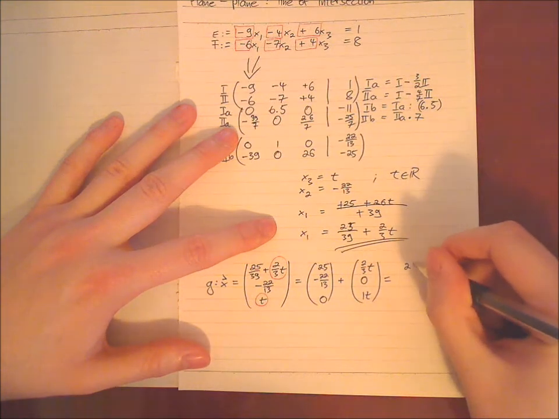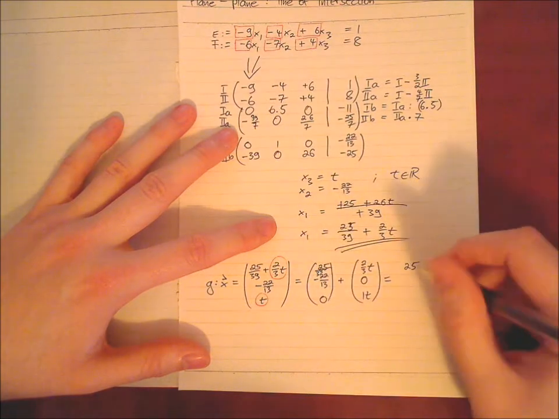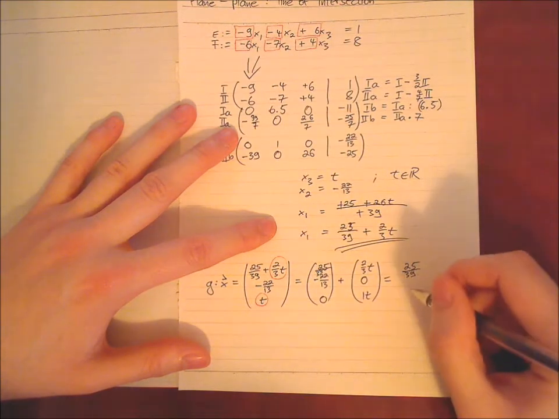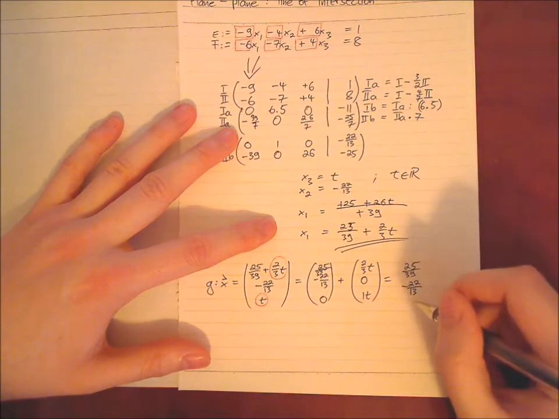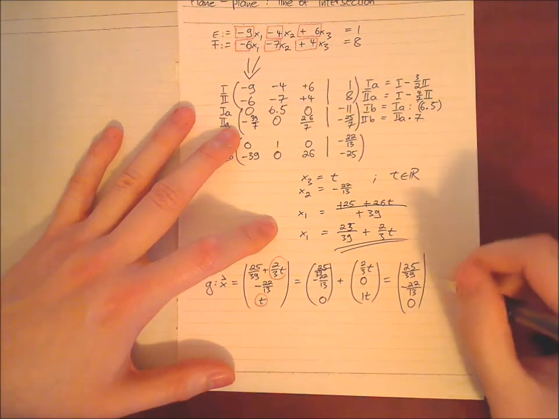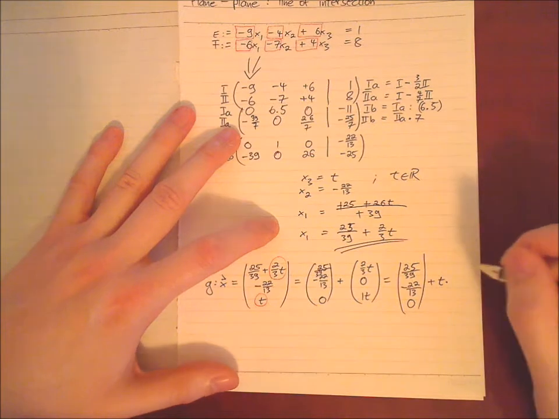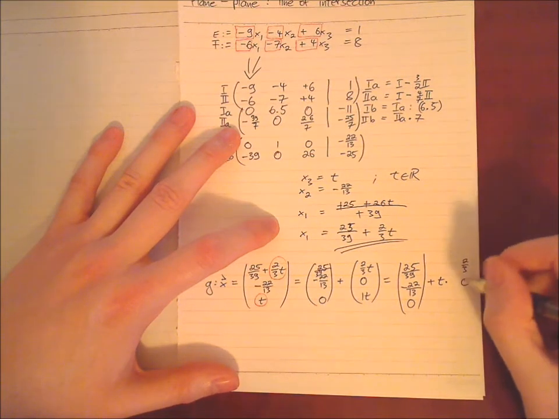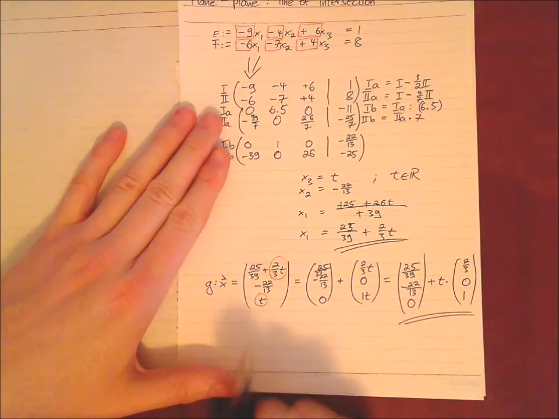Oh, I forgot something: 25 divided by 39, minus 22 divided by 13, and 0. Then just put the t in front of the vector, and we end up with t times 2/3, 0, 1. And this is already our equation for the straight line.